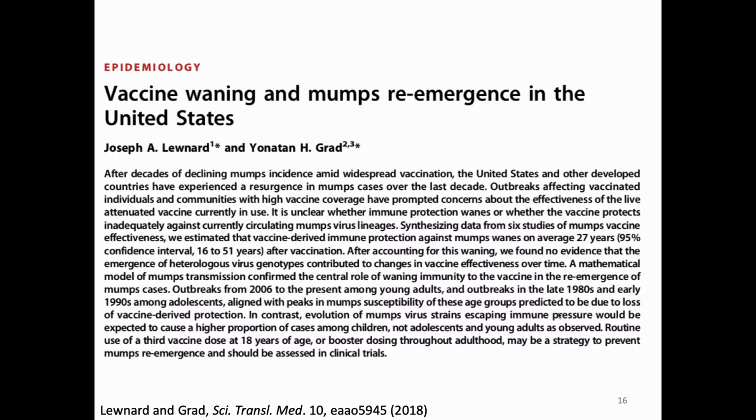So you get your third MMR when you're relatively young. What happens to you after you get your third MMR? If we kept going with this graph, you would actually see that this memory response would decrease over time.